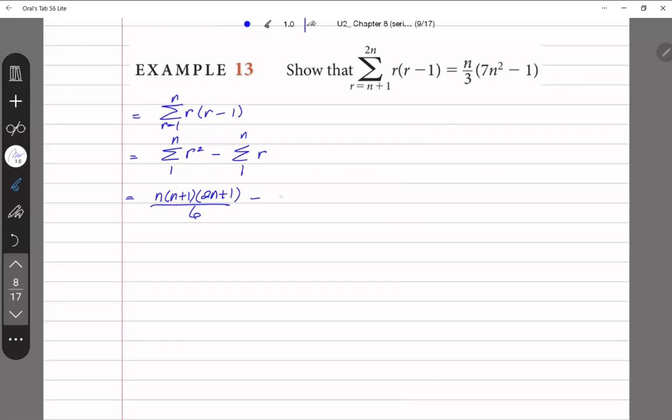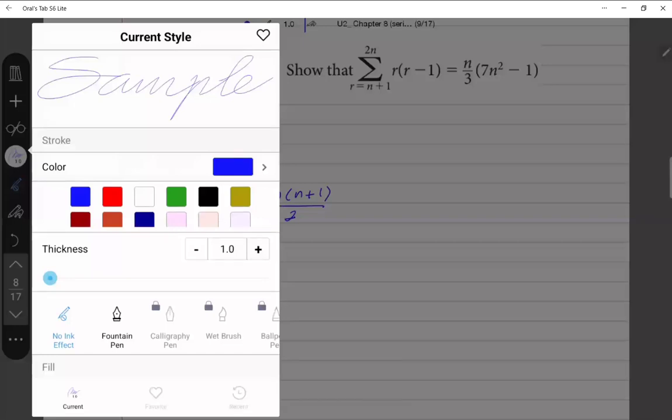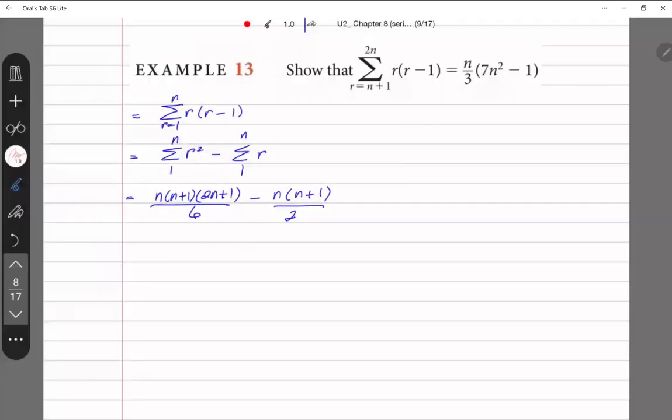So the next thing I would do then is, let's change the color in here. I would then multiply the numerator and the denominator by 3. That is so that I get a common denominator. Then I would factor out n into n plus 1 over 6.